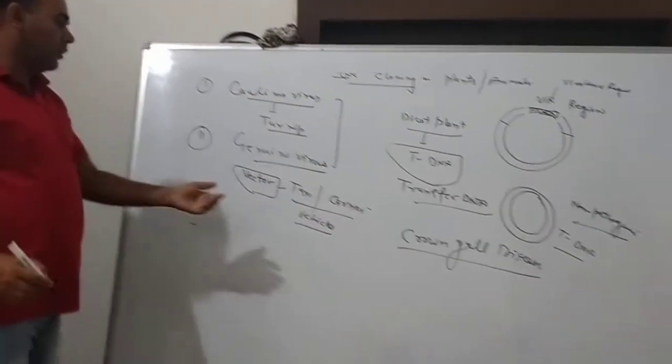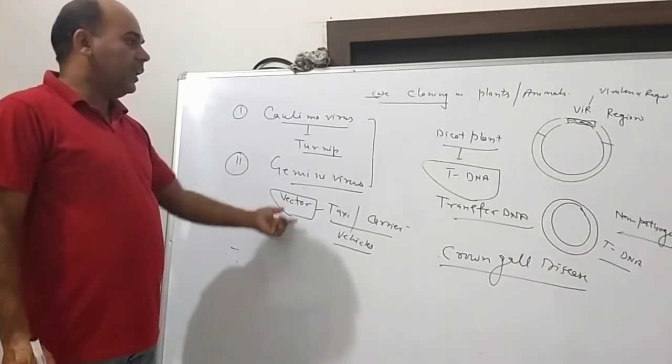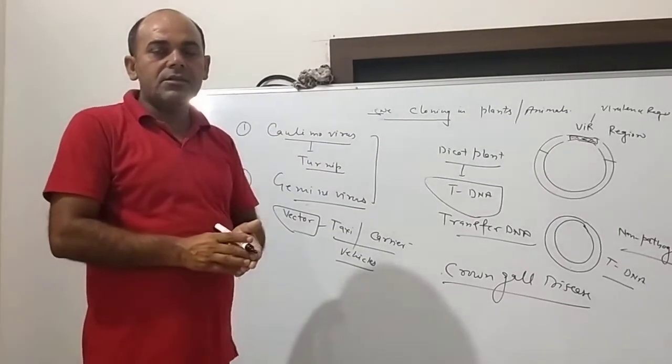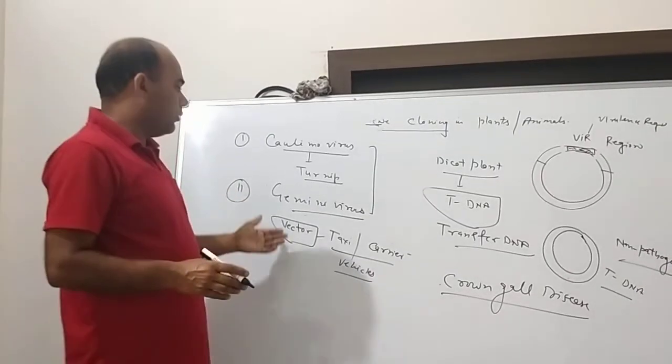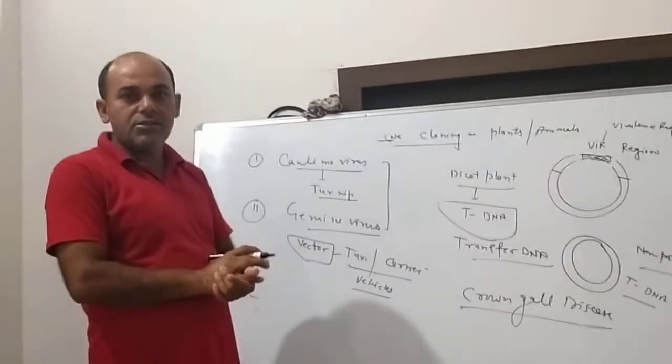These are some nicknames of a vector. Because what is the role of a vector? To deliver a particular piece of DNA, a desired gene, which can be inserted in the desired plants to obtain the desired characteristics and features.